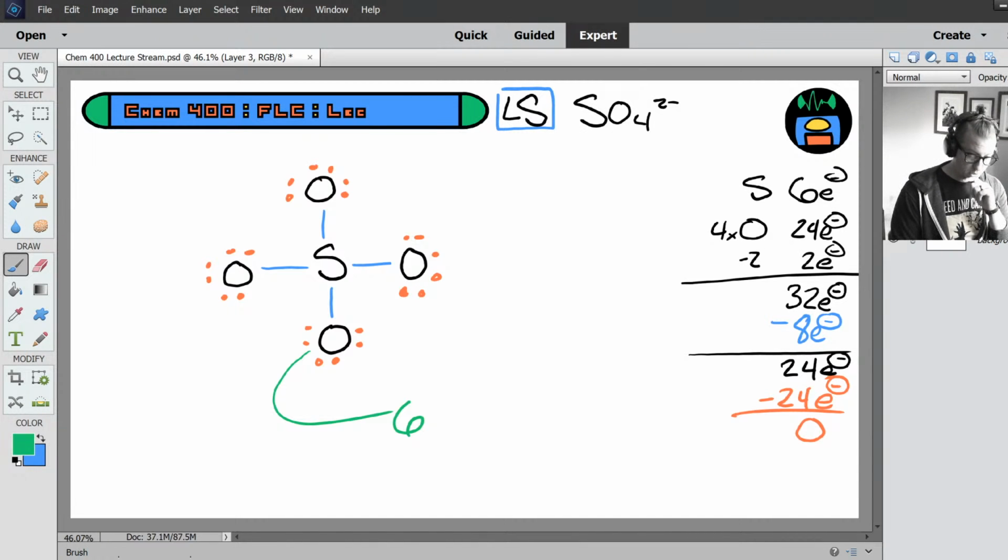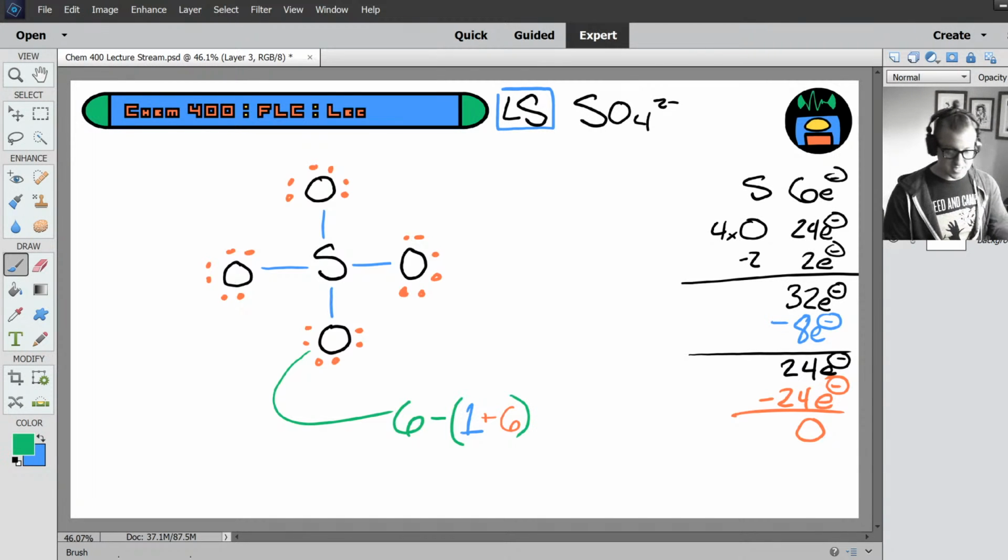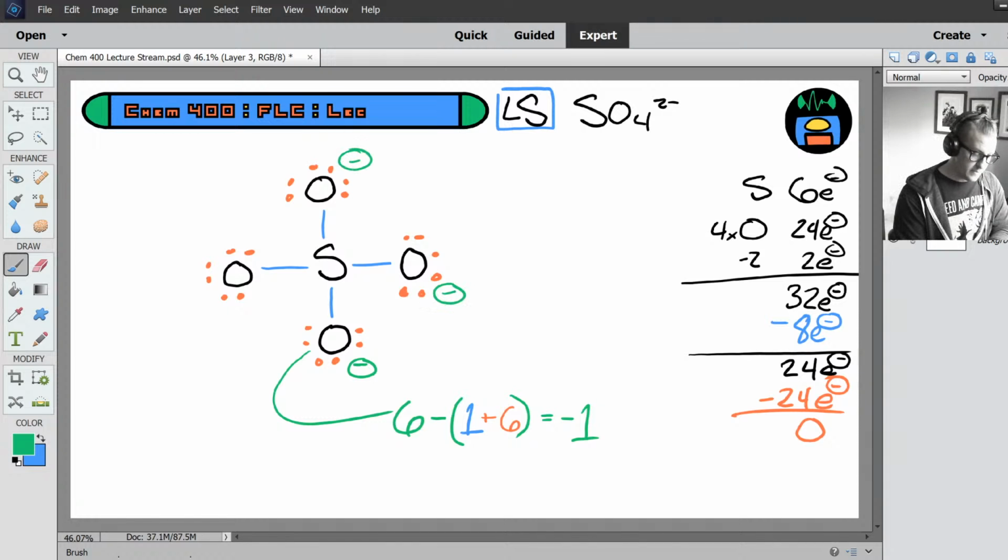In this molecule, oxygen has 1 electron for its 1 bond, plus another 6 in lone pairs. So the formal charge here for oxygen is 6 minus 7, or -1. You can repeat this calculation for each oxygen in this molecule, and because each oxygen has 1 bond and 6 lone pair electrons, they'll all come out to have a charge of -1.